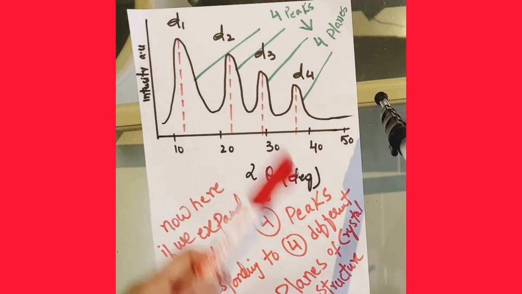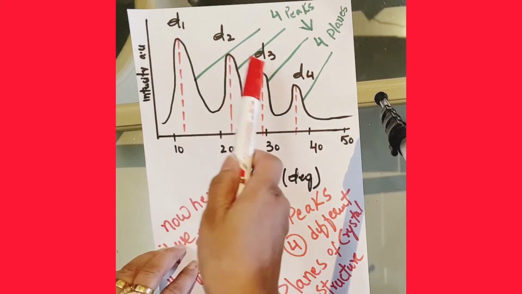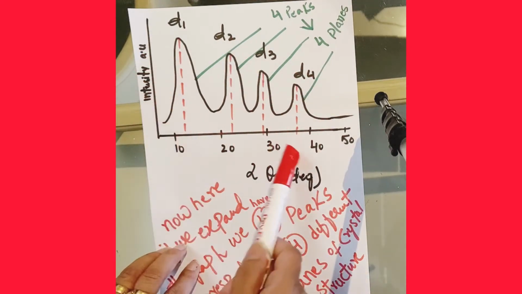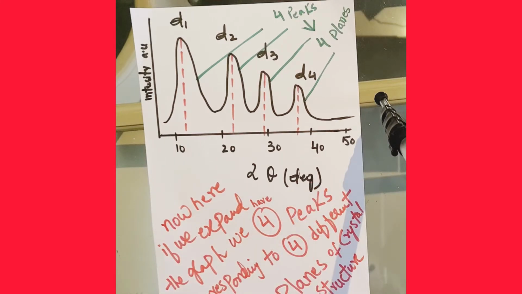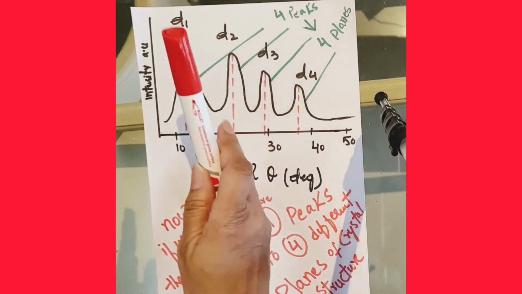So 4 peaks means 4 different planes, D1, D2, D3, D4, plotted between intensity and 2 theta degrees.